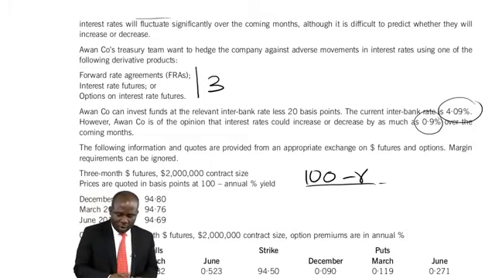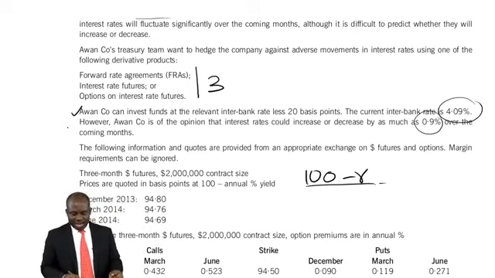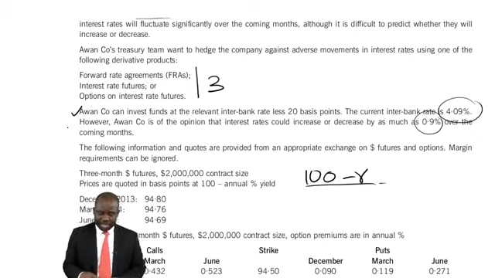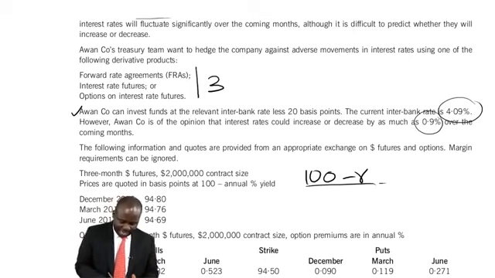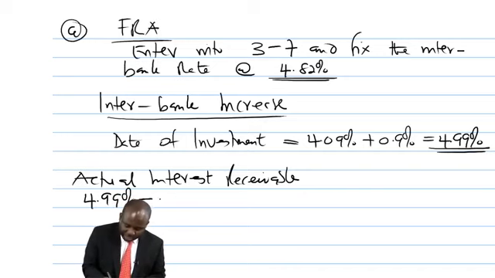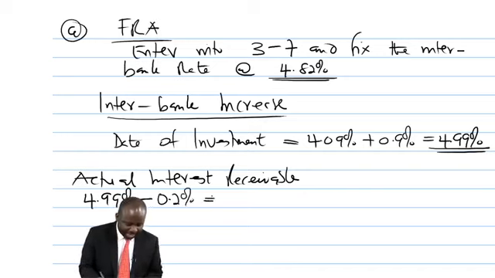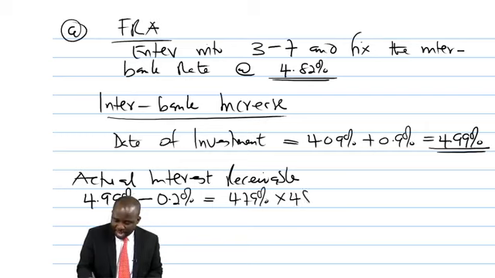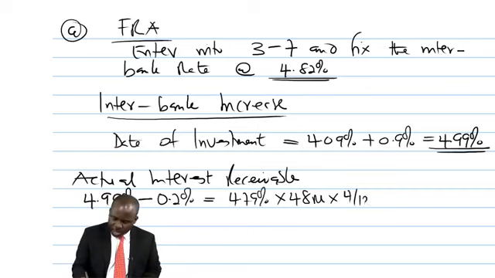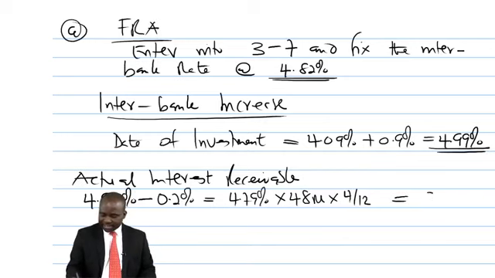They said Awan Co can invest funds at the relevant interbank rate less 20 basis points. So I will get this minus the 20 basis points, which is 0.2%, and that will give me 4.79% multiplied by, I am investing 48 million over a period of 1st February to 1st of June. So that is going to be 4 months, so 4 over 12. And the sum is 766,400.